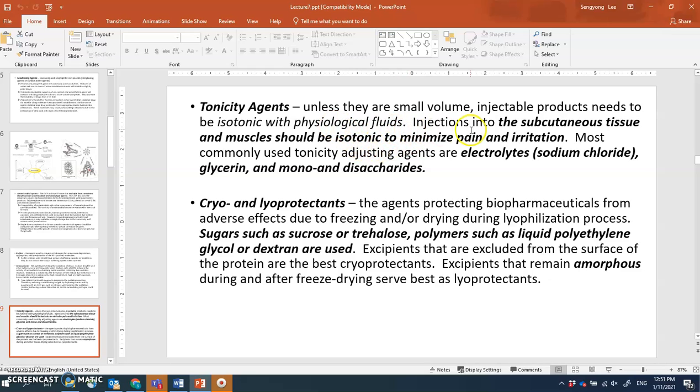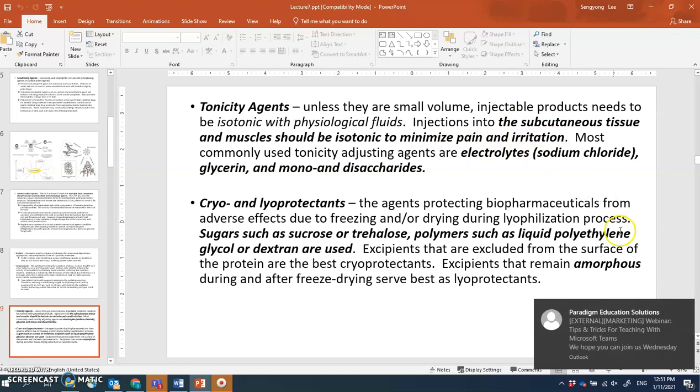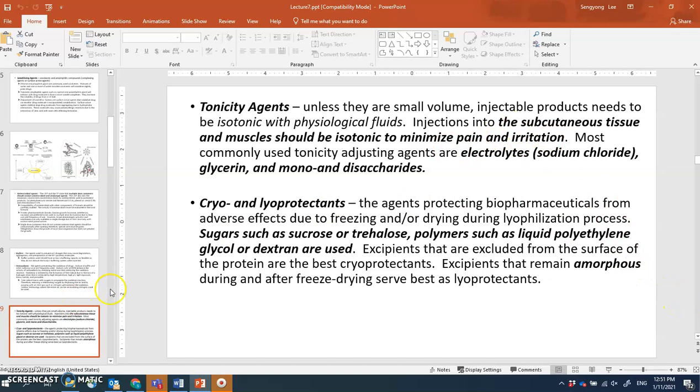If that happens, you'll feel a lot of pain and irritation around the injection area. If needed, you can add electrolytes like sodium chloride, table salt, glycerin, or mono- and disaccharides as a tonicity agent in your formulation.